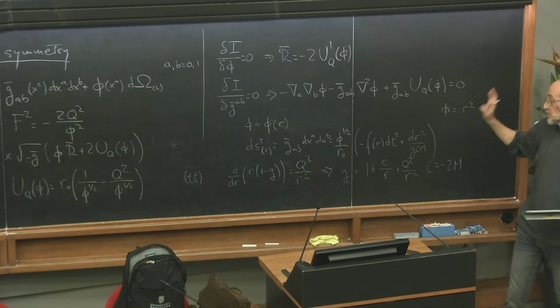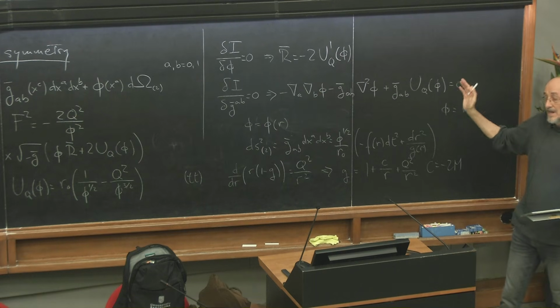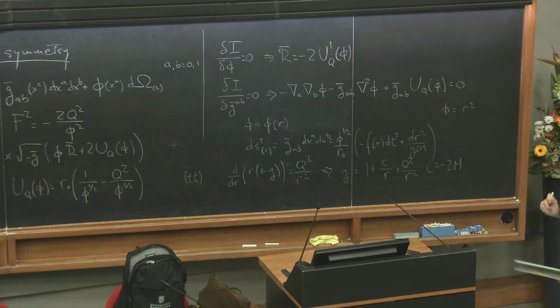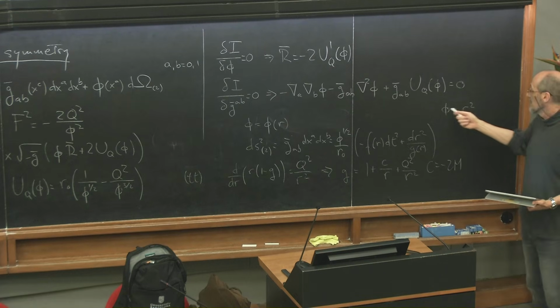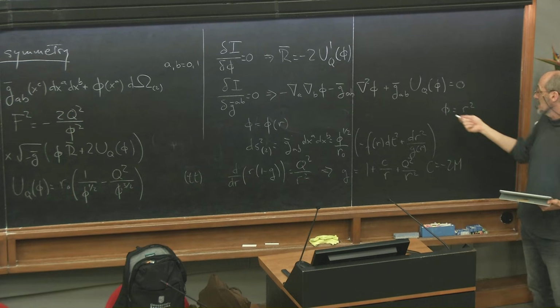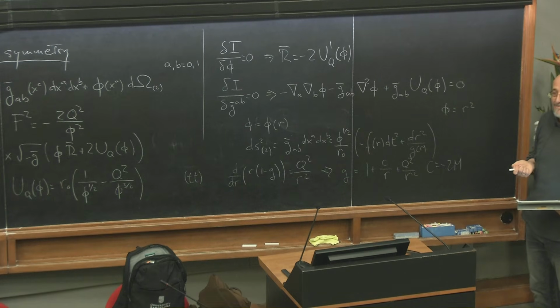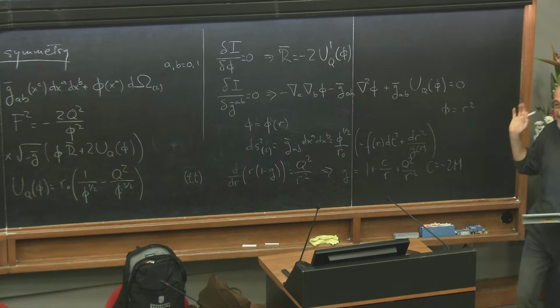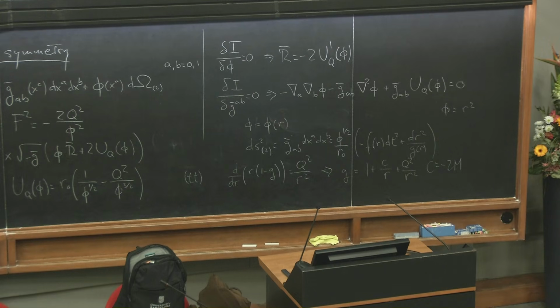I can always choose it such that it satisfies some condition, and the condition that I want r to satisfy is that r is the square root of phi. But you still want that to obey the extremization condition with respect to phi? Yes, I will apply this condition later, but this is just a gauge freedom, a coordinate freedom that I still have in my system, and I'm fixing it in this manner.